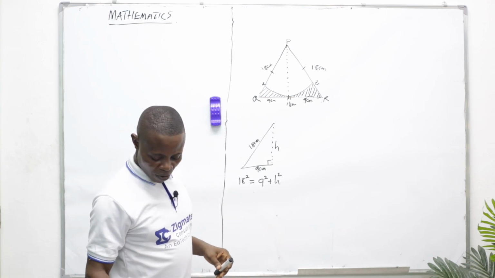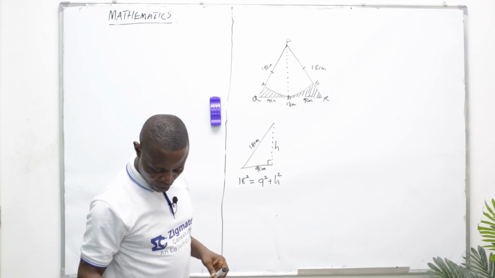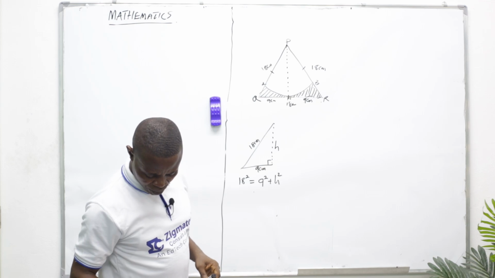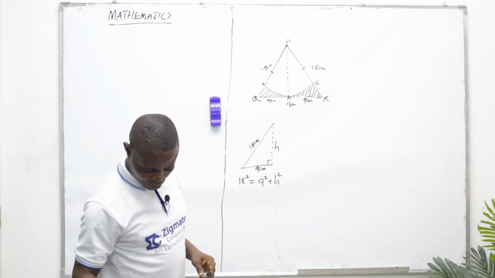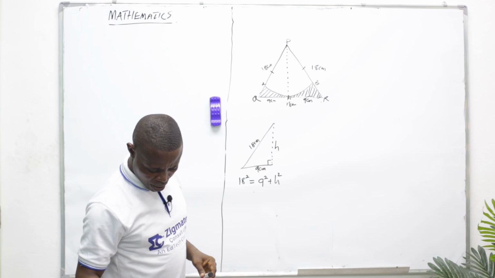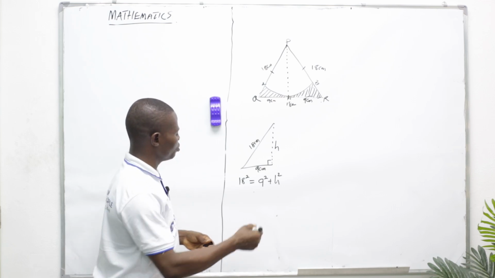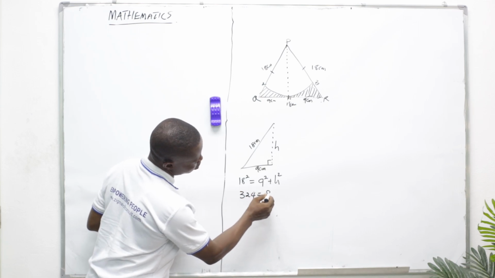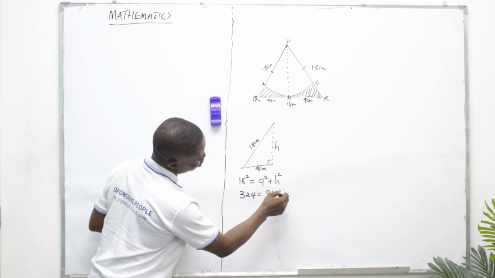So what is 18 squared? 324. 9 squared is 81, plus h squared.